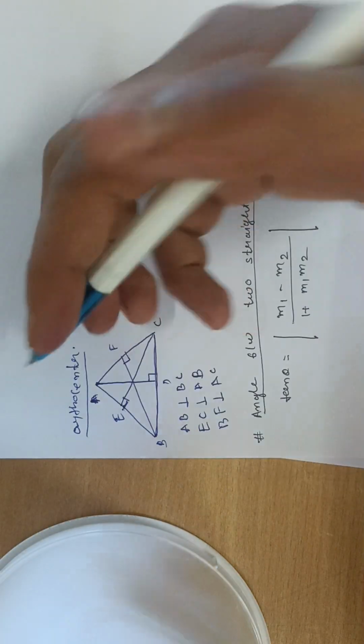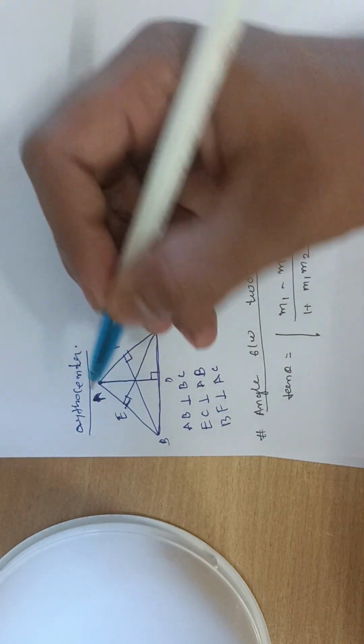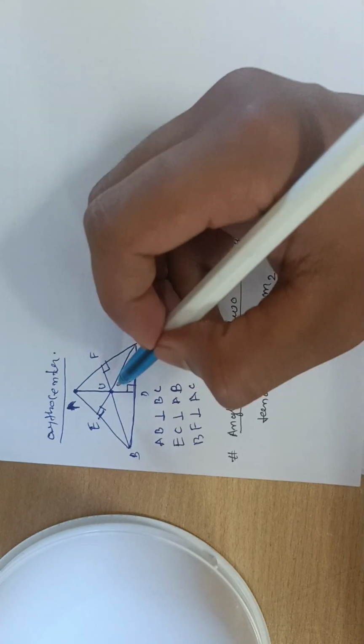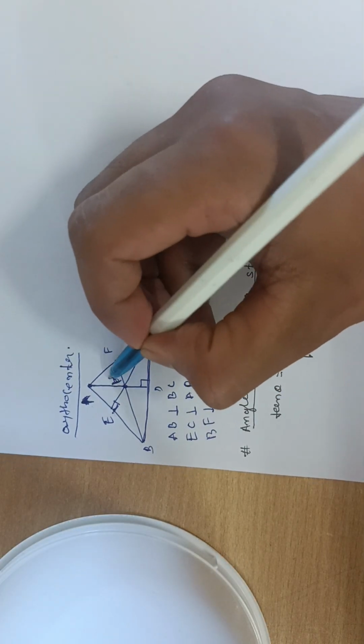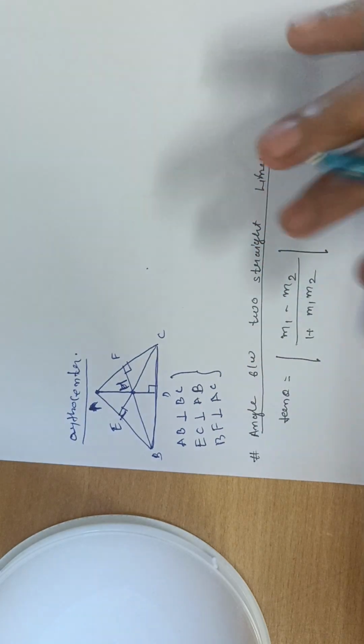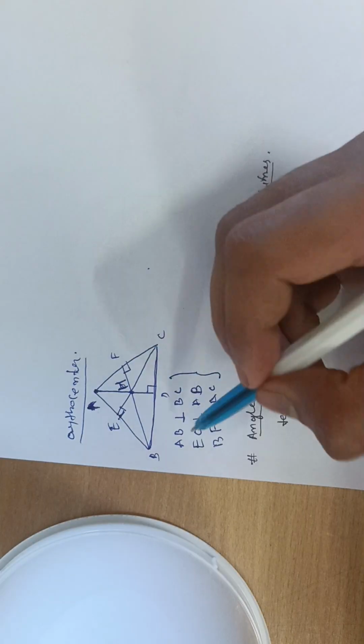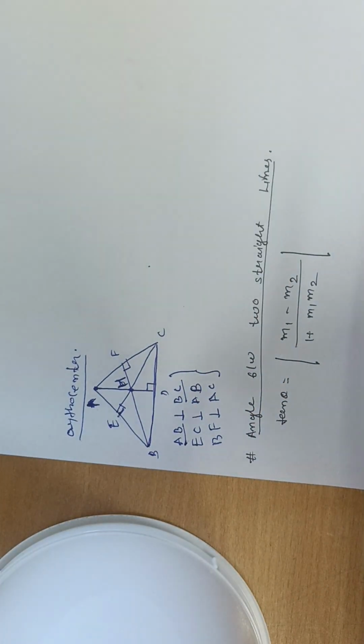I repeat again. I am going to describe what the orthocenter is. The orthocenter is basically a point of intersection of altitudes. This is the triangle, and AD is perpendicular to BC.